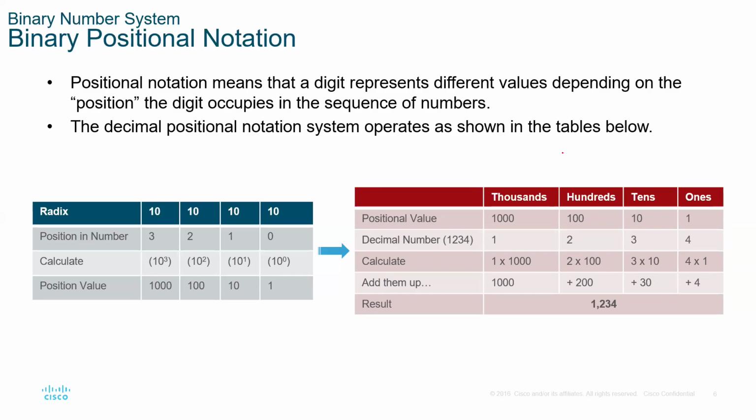The decimal positional notation system operates as you can see in the table. There are two tables here: one in blue color, the other in reddish color. In the blue one, there are three elements you need to know. Number one is the position in the number, which we call the radix.